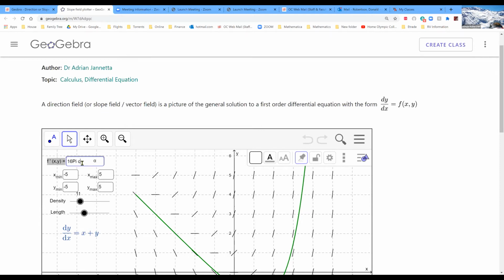Cosine of bracket. Not sure if I can get pi in, but I'm going to try. I'll do it that way first. Oops, it didn't like that. Okay, then plan B. Let's make it 16 cosine of 3.14 y.